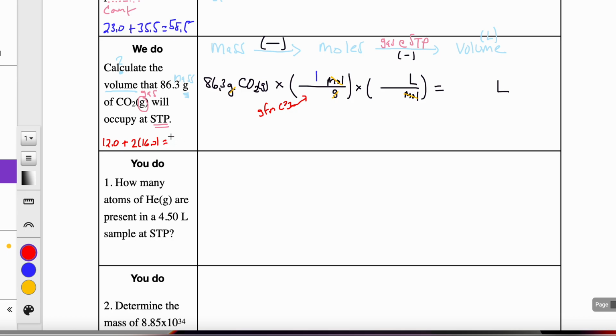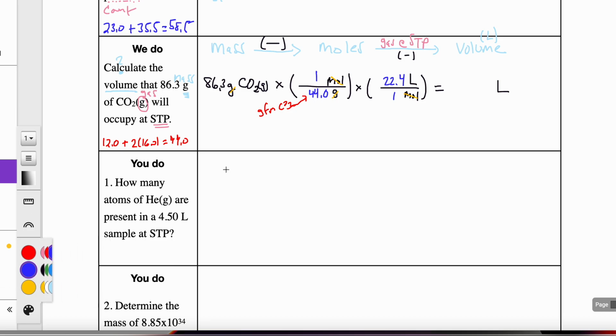So the GFM of carbon dioxide is 44.0. So 1 mole of carbon dioxide has a mass of 44.0 grams. Now on to the next equivalence. 1 mole of any gas at STP occupies 22.4 liters.